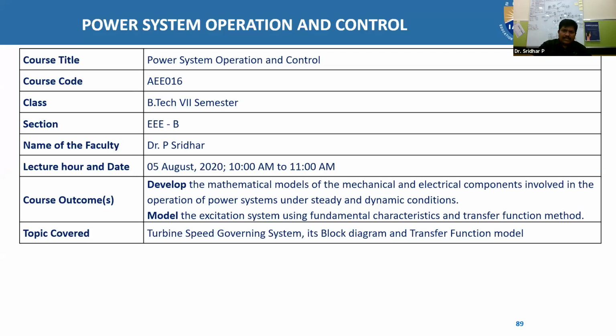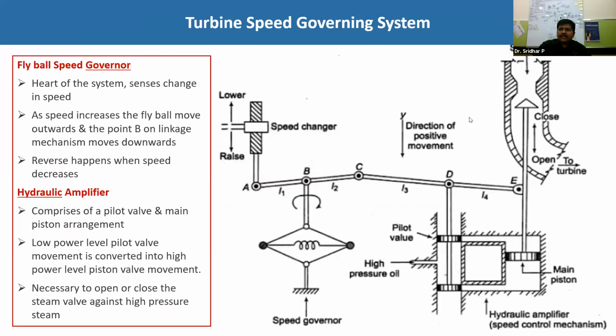This is the speed governing system here. There are different blocks in the speed governing system. This is the speed changer. Based on the requirement, if you want to increase the speed, you have to give a signal like this: pull this speed changer, this particular knob, in the downward direction, and then automatically the speed of the alternator will rise.